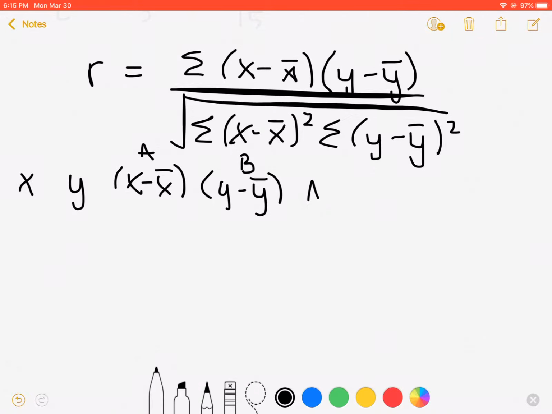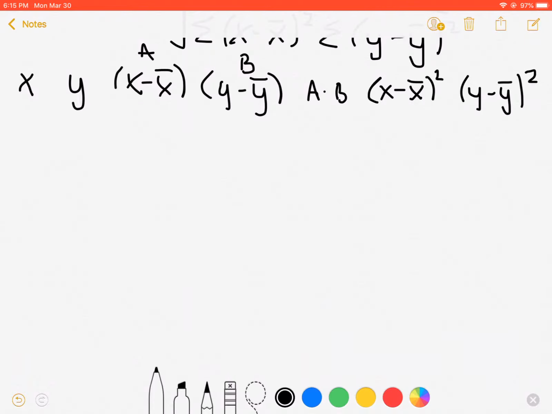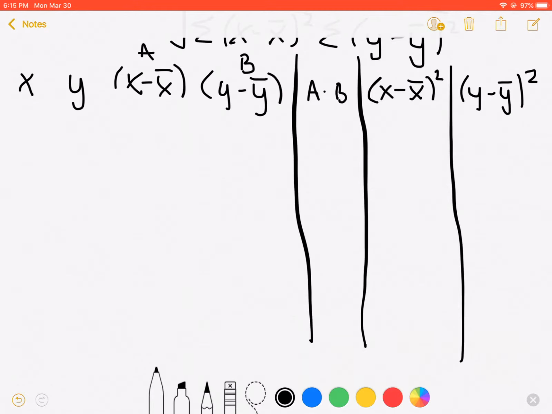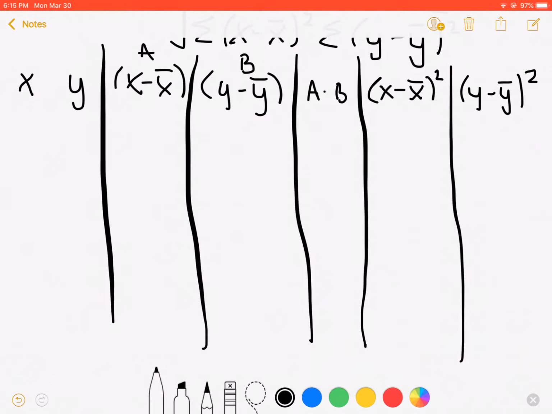So then I'm going to have a column of A times B, and then I need to do x minus x mean squared and y minus y mean squared. And what I do is I make this big table. This is just a big table, and it helps me organize. This is not a pretty table, but we're just going to go with it.